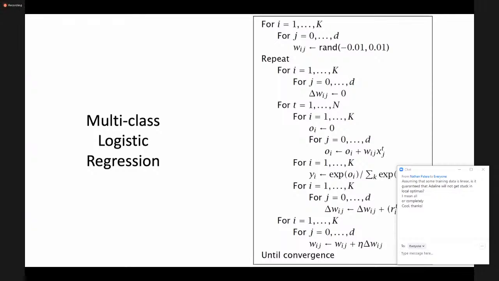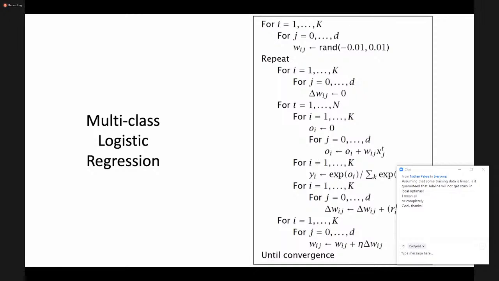And then the first loop is looping over all of the classes to calculate what the outputs would be for each of the classes. So notice that this is really similar to what you were doing with Winnow, where you had a separate model for each class. That's effectively what we have here too. So this is almost kind of like a one versus all training process.